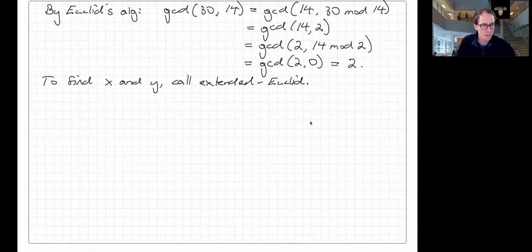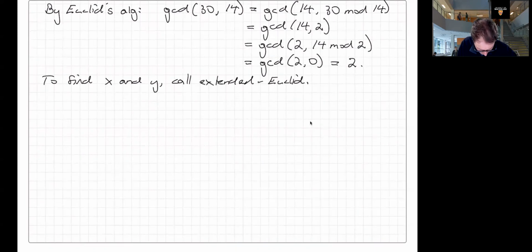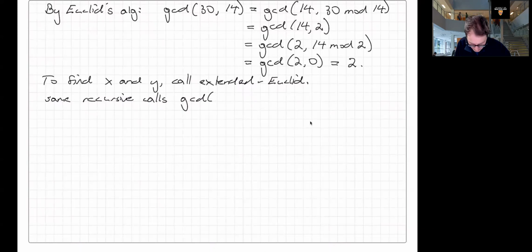And we have the same recursive calls, right? It goes, so same, which is that first we call GCD of 30 and 14.